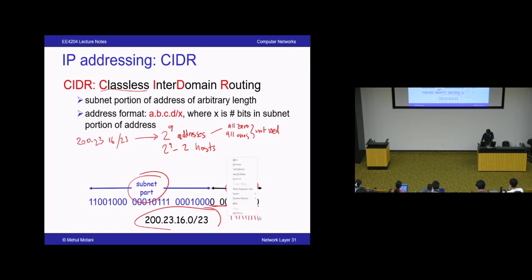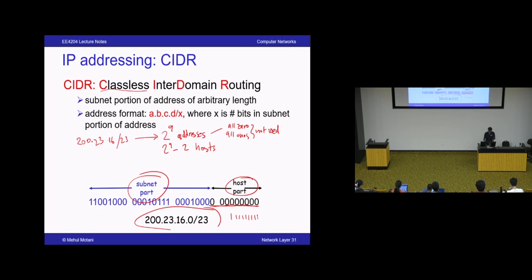So the subnet part is the subnet part. The last 9 bits are all 1s. That's what I mean by all 1s.